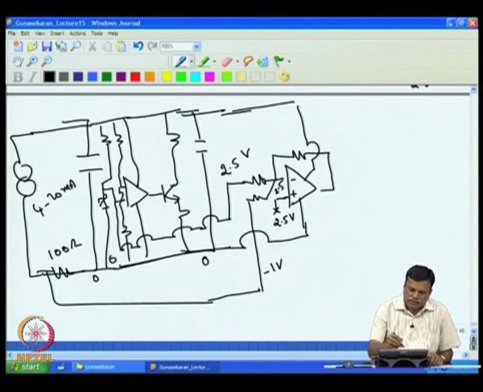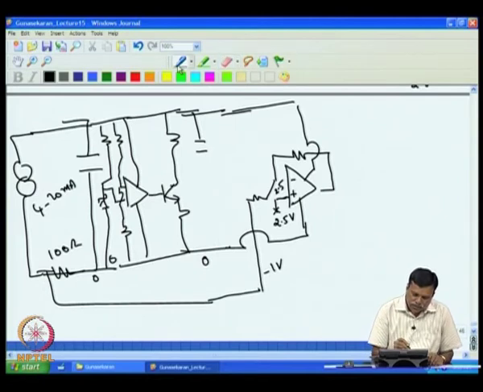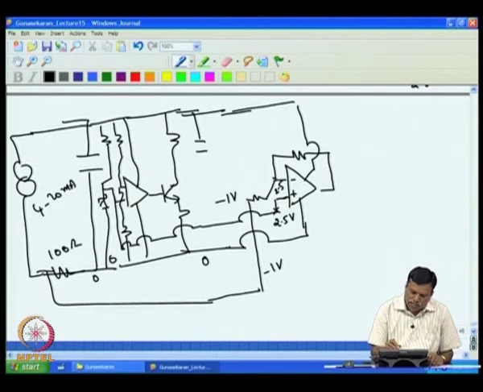For simplicity, first I remove this. When I remove this, you have this 2.5 connected only to this. So if this is 2.5, and this is minus 1, and we know this has to sit at plus 2.5, then we have a 1.5 volt difference. So this has to have a 1.5 volt difference, which means this will go to 4 volt.